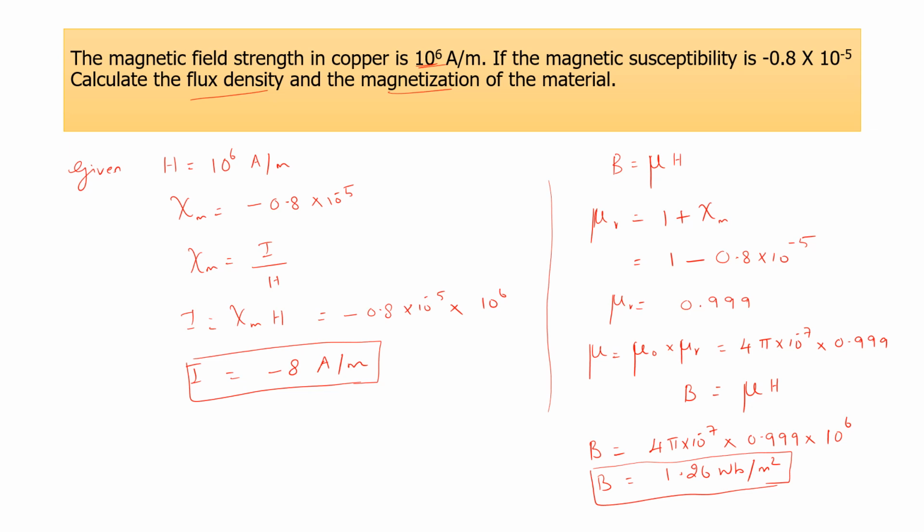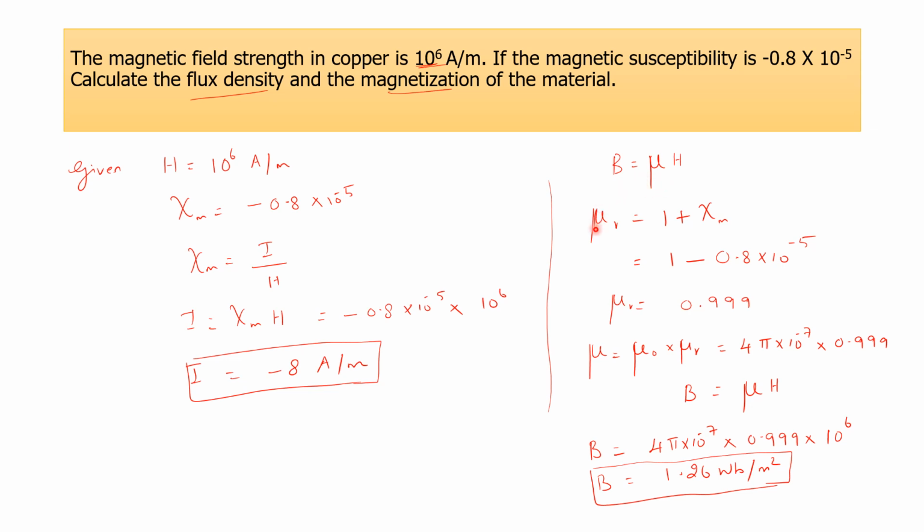So magnetization is easy because two terms involving that are given in the problem itself. So you found this one easily. But for flux density, the required terms are not directly given. So we know B is equal to mu H, and in this mu is not given.